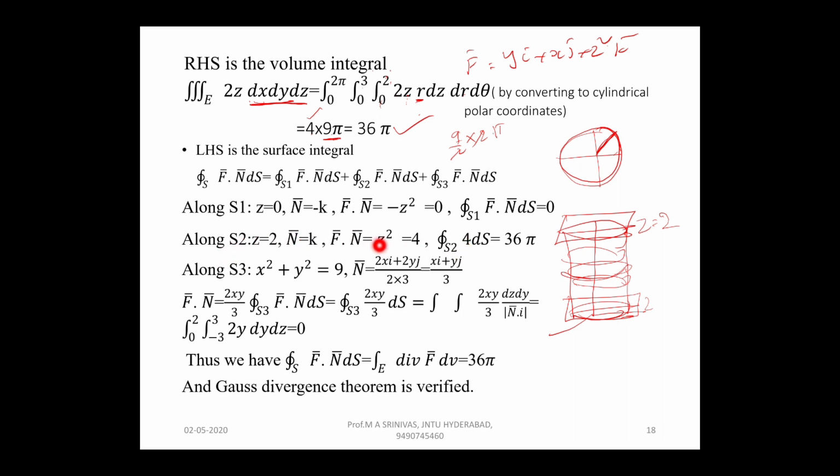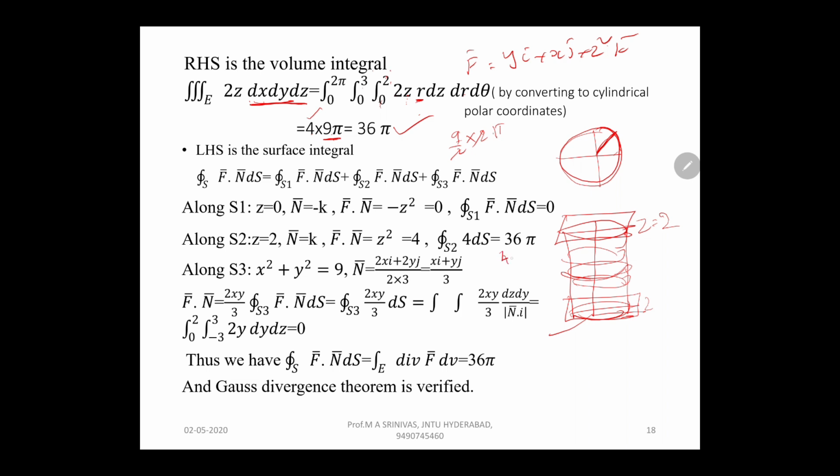For S2, what is n bar? For this surface, the outward normal vector is k bar. F bar dot n bar is z square. Because on this surface S2, the z value is 2, z square is 4. The integral over S2 of 4 ds, so 4 can come out. Integral over S2 of ds, what is your ds? ds is dx dy.